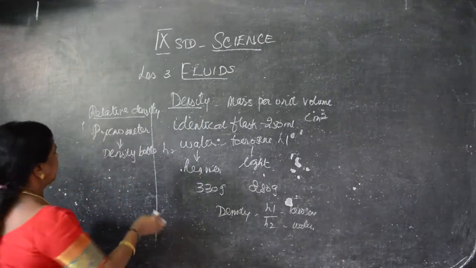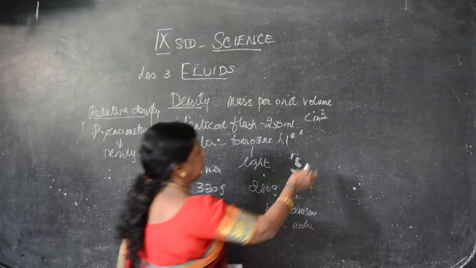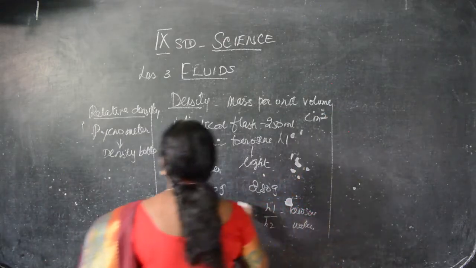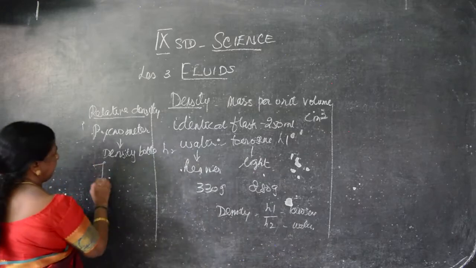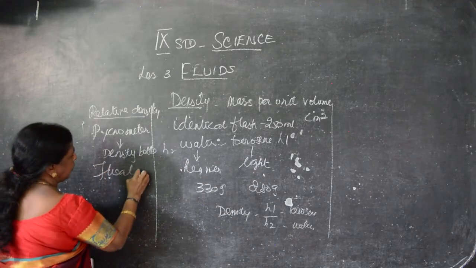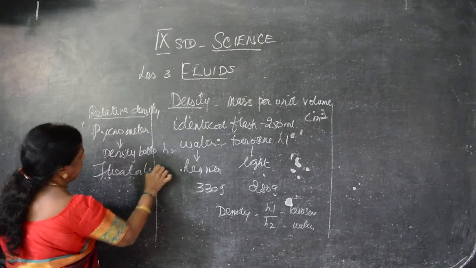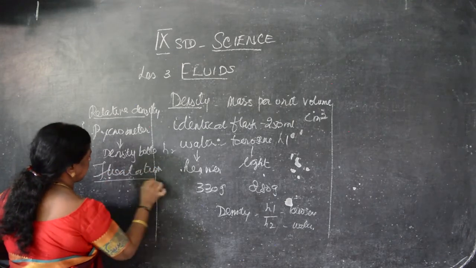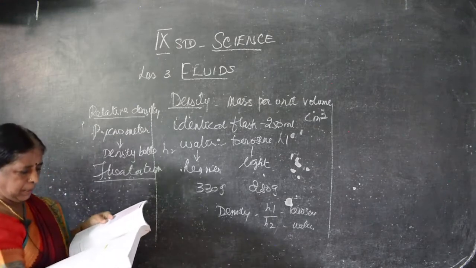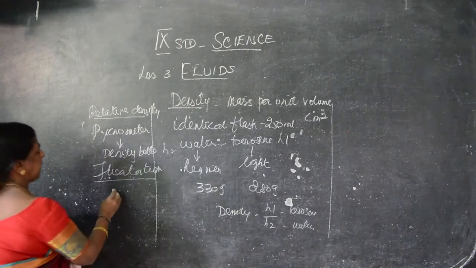Now, what are the things of flotation? I'll write here itself. You know what flotation is now? That is floating. Based on this principle, there are two instruments or appliances.